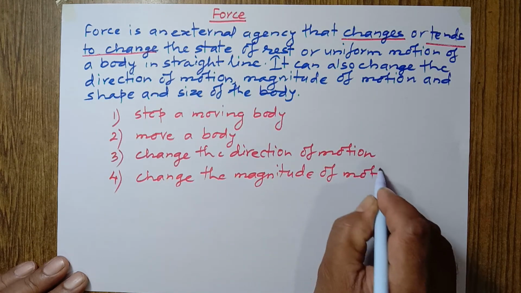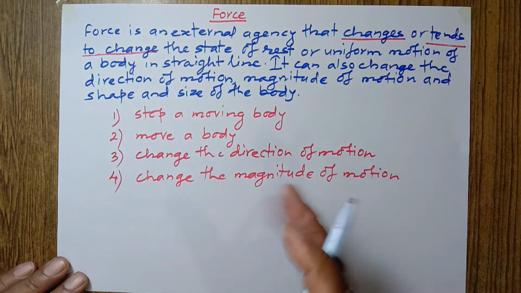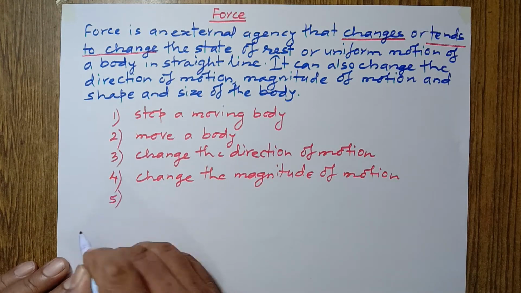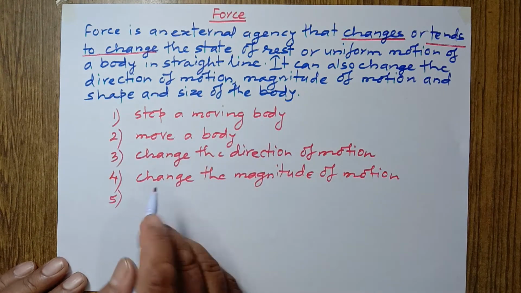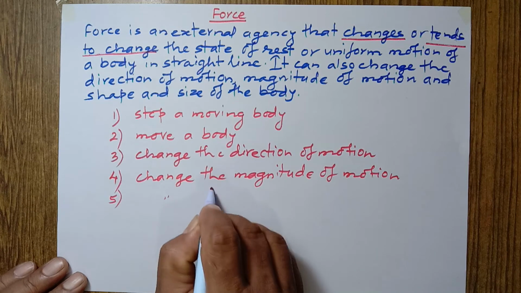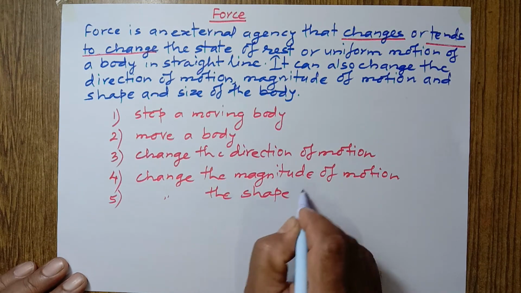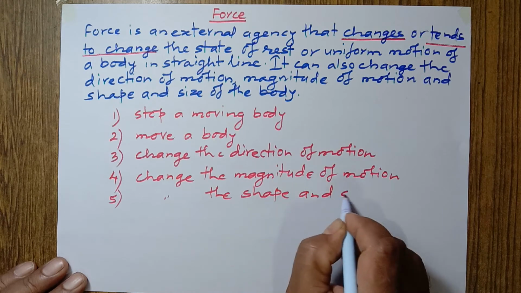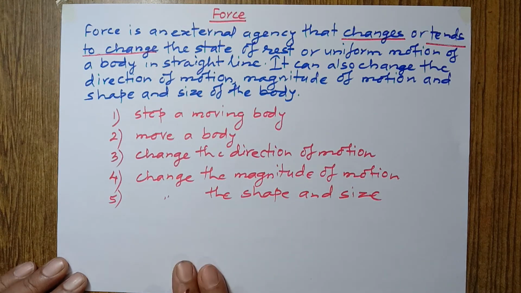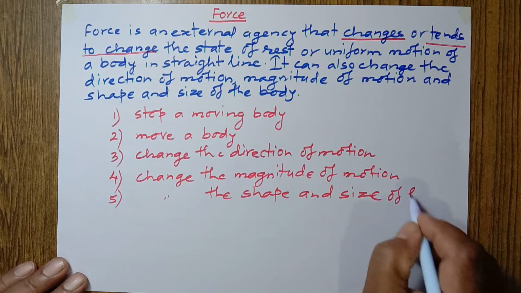Magnitude of motion means what? The value of motion can be changed, and we can say that it can change the shape and size of the body.